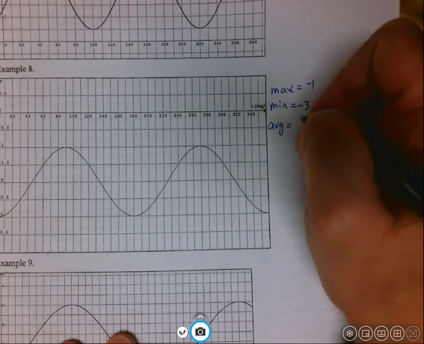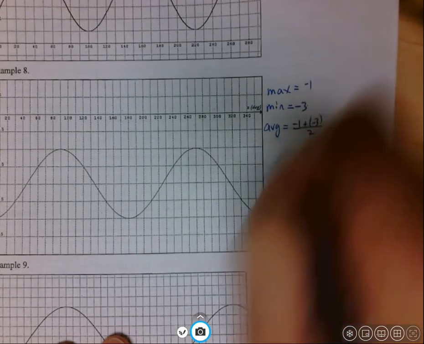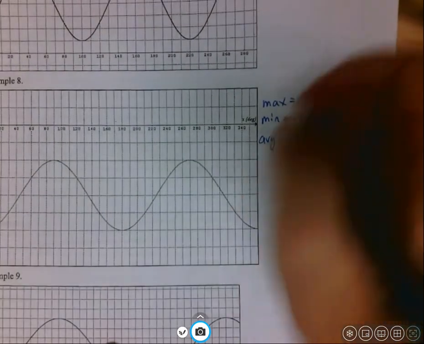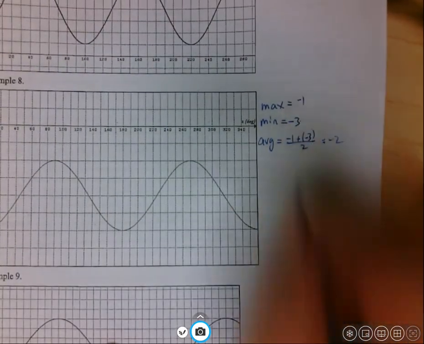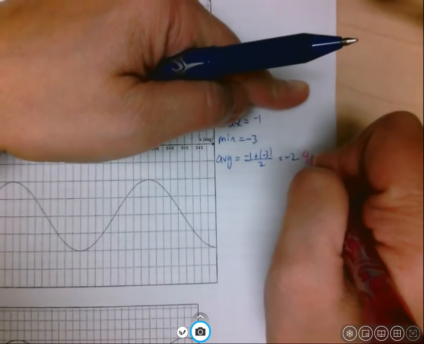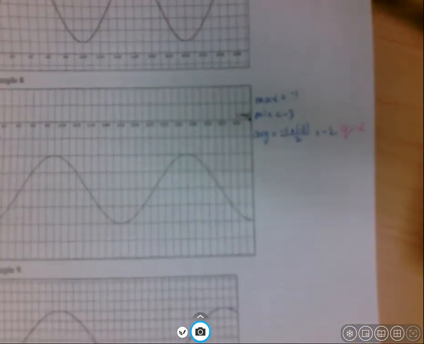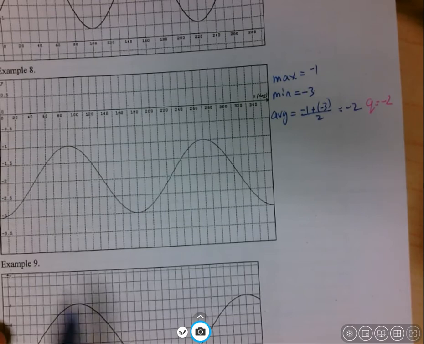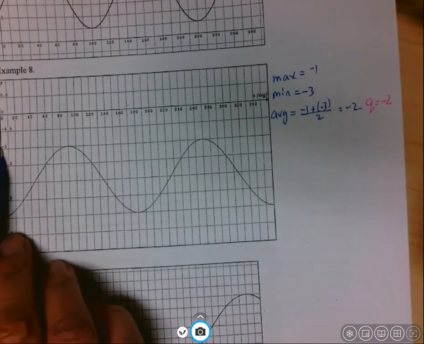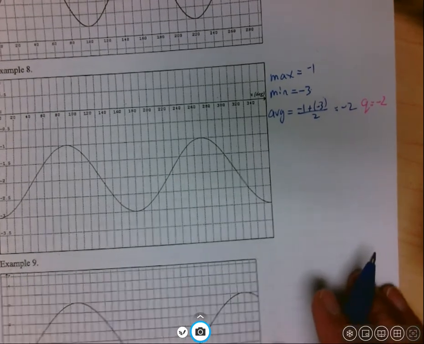Now I can calculate the average. Our average is going to be -1 plus -3 divided by 2. The average of two things, you add them up and divide by 2. So that's -2. That's already giving me the q value. Let me write this down. Q is -2. My amplitude is the distance between my average and my max, or my average and my min, which is going to be 1.